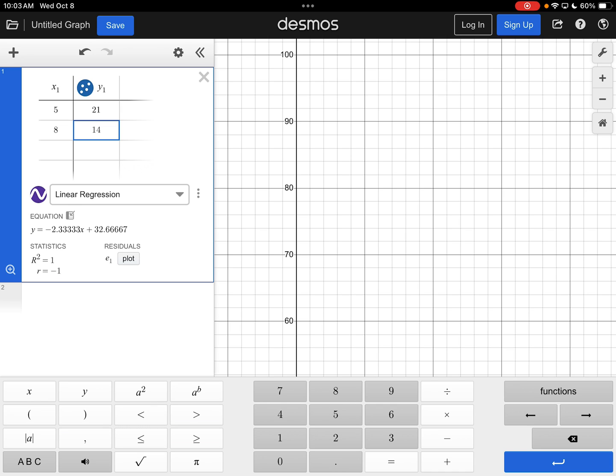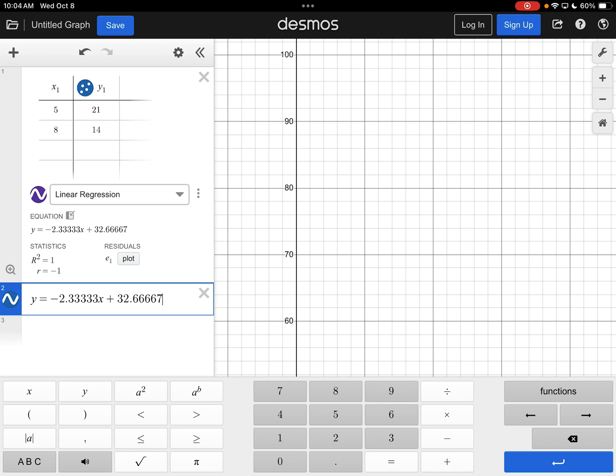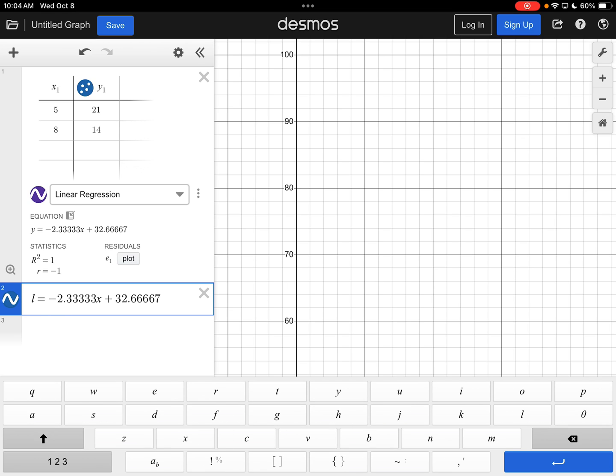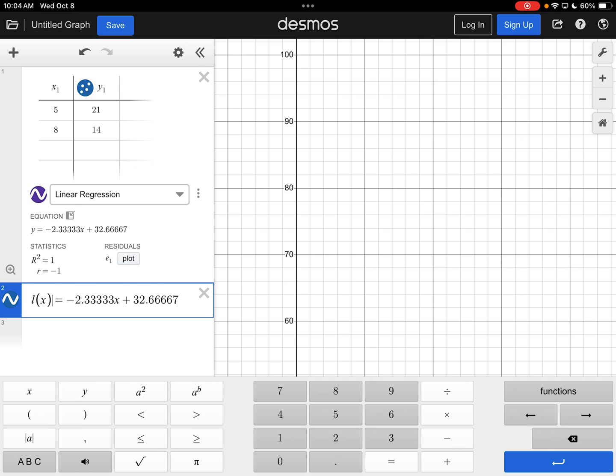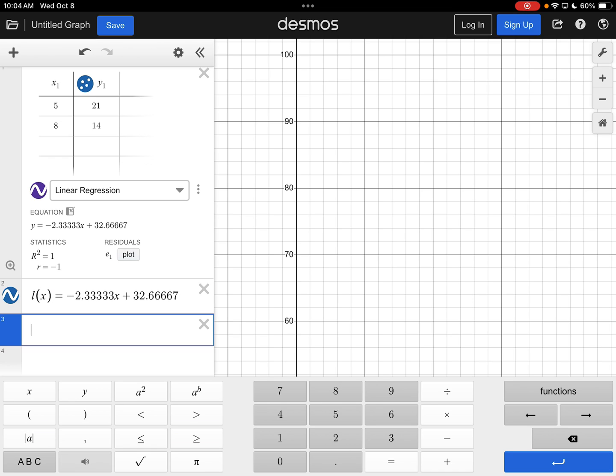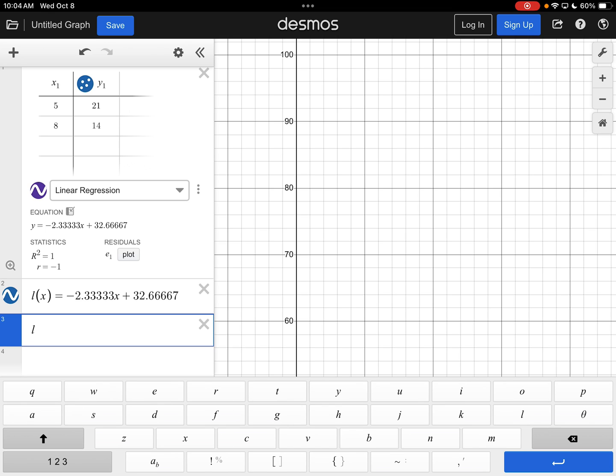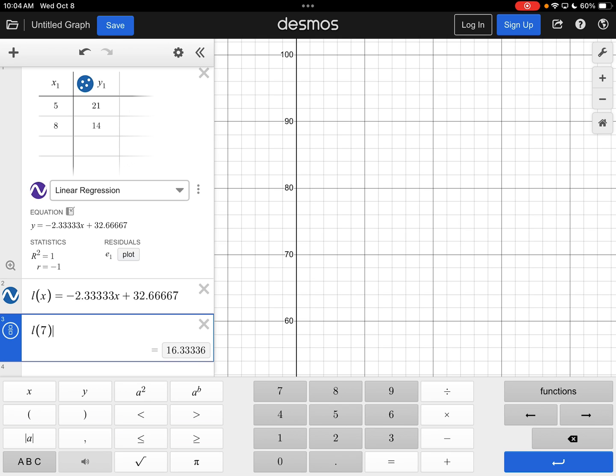So if you do the linear regression between 5, 21 and 8, 14, isn't that the right slope we just had? And so then you can copy that equation and name it something, I don't know, L for line at X. Use that equation to then find, you're trying to write the equation of a line, but only between 5 and 8, and approximate it at 7. Then do L at 7.